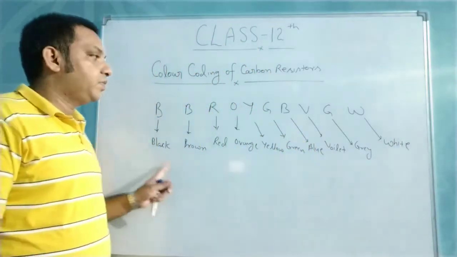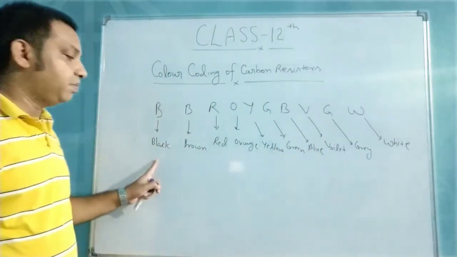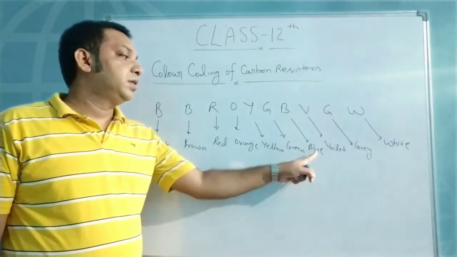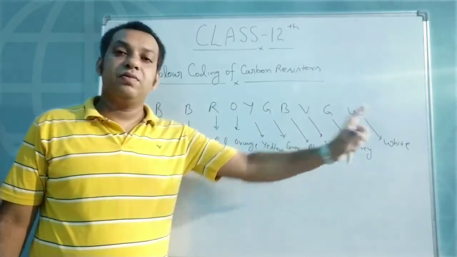So the color sequence is black, brown, red, orange, yellow, green, blue, violet, grey and white.